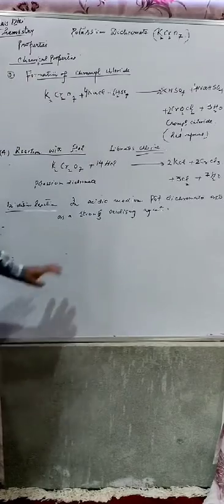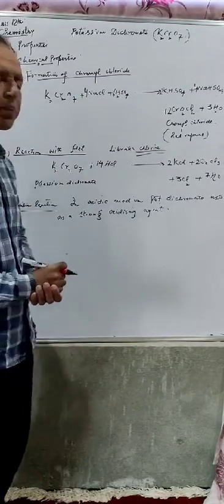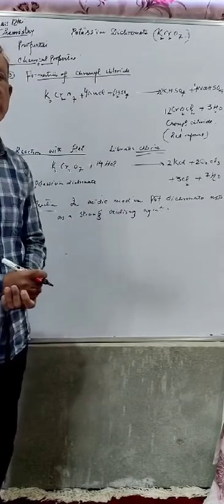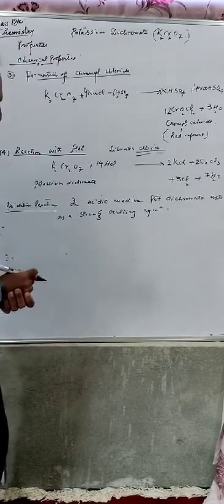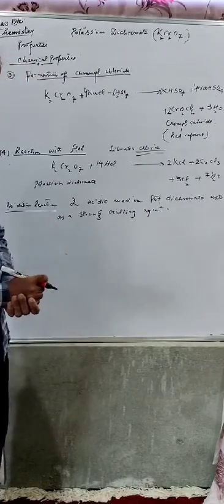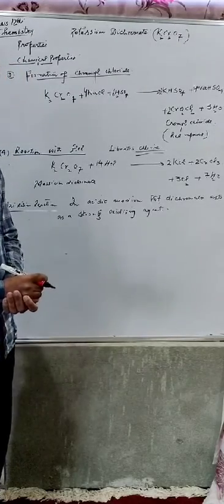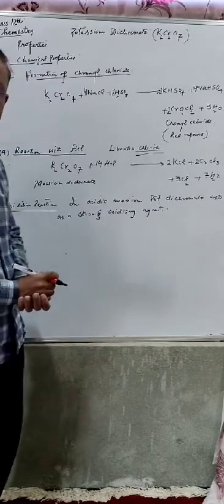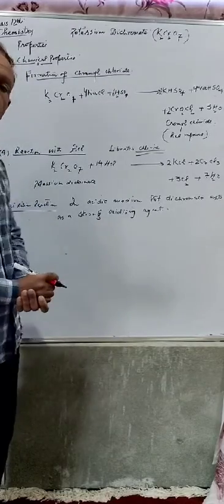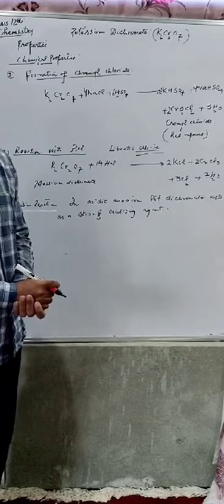So, some of the oxidizing reactions of potassium dichromate are: number 1, it oxidizes hydrogen sulfide to sulfur. It liberates iodine from iodides. It converts sulfides into sulfates. It oxidizes ferrous salts to ferric salts.